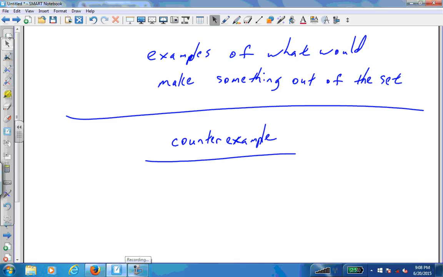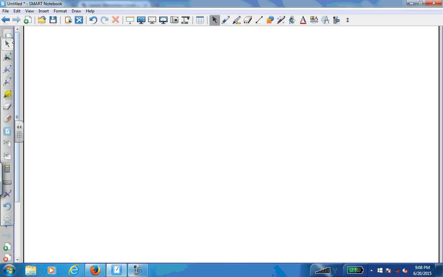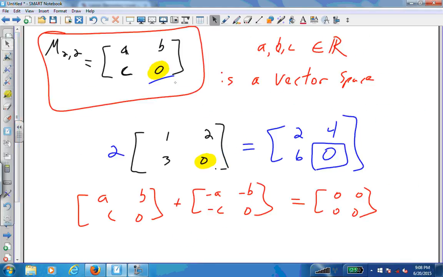Sometimes if we restrict sets too much, it takes away their ability to be vector spaces. Sometimes if we don't restrict things enough, it keeps them from being vector spaces. We look back at this one: by restricting this row 2 column 2 component to be zeros, and by letting all the other components be any real number, that allowed this to be a vector space.